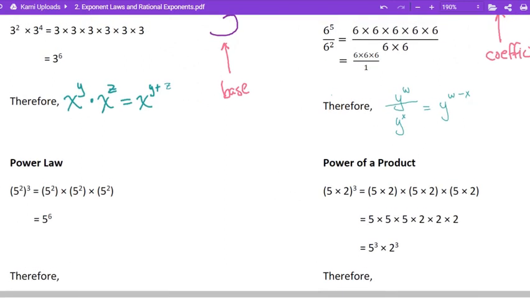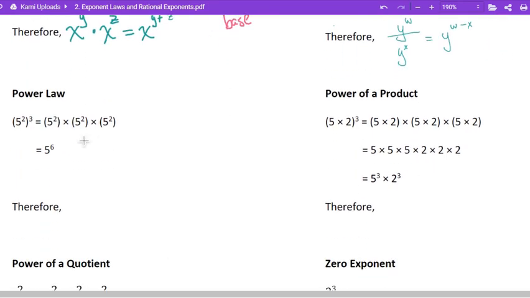Okay, let's move on to the power law. This is when you have a power to a power, an exponent to an exponent. If you have an exponent and a second exponent, what is it that we do with those two exponents? We multiply them, right?